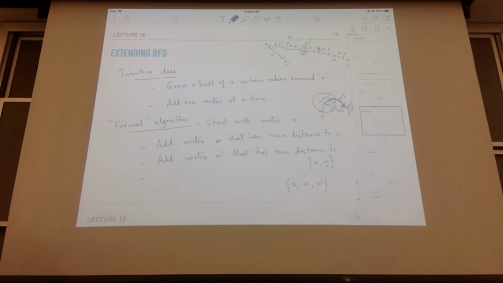The next step is the same thing: add the W prime that has minimum distance to the set U, W, W prime. Now your candidates are this vertex and again this vertex. Still this vertex is better, so you'll end up adding a W prime out here. In the next step, both are equally good, so maybe you did this again.